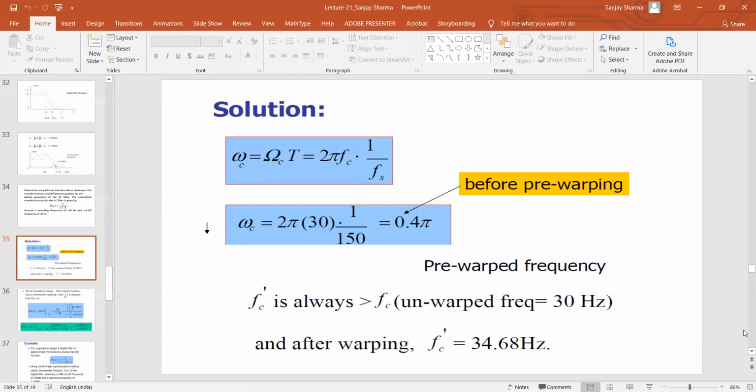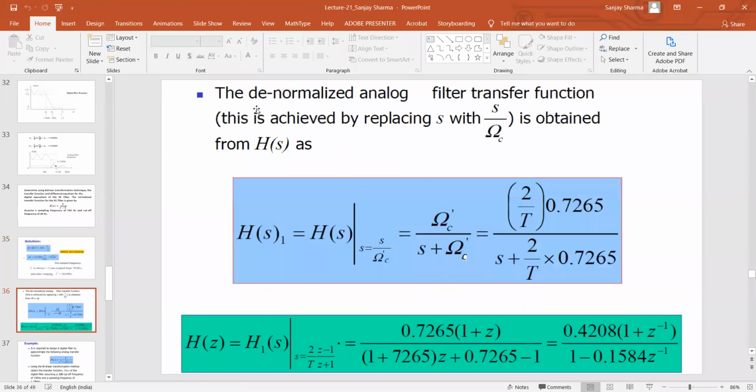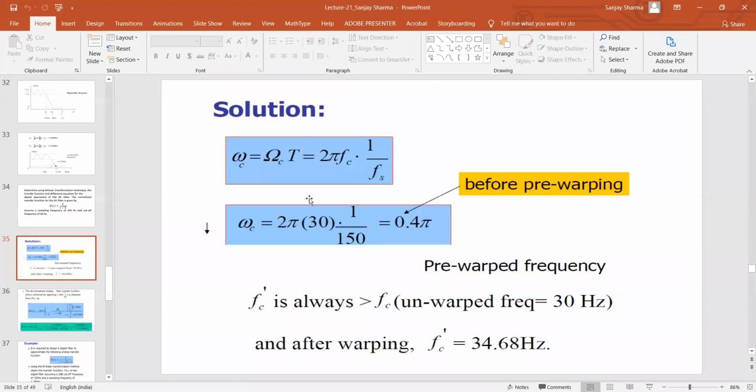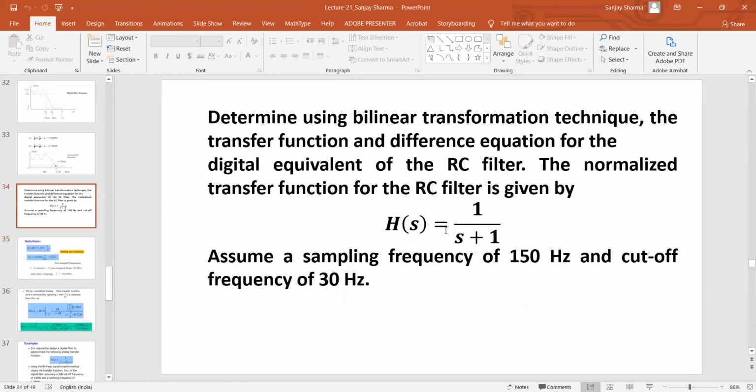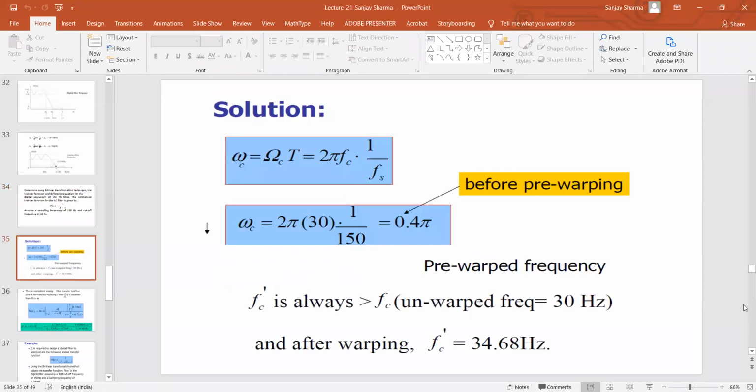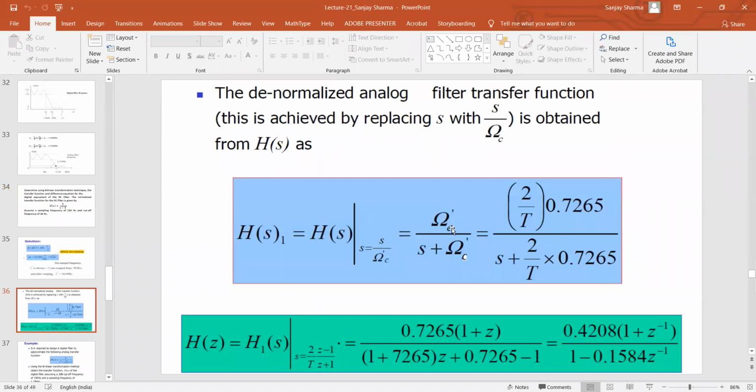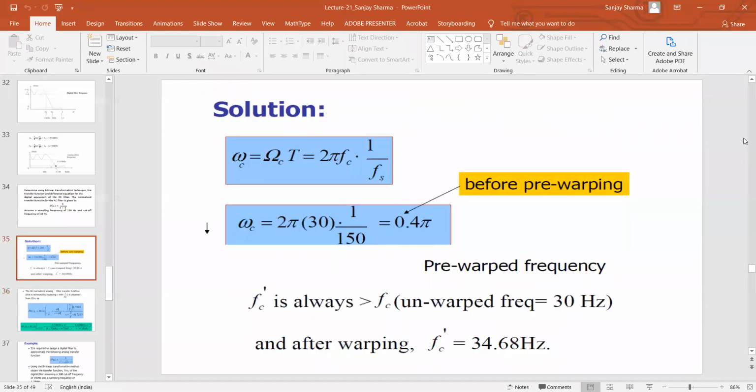Now I will use this capital omega c. If you see, this transfer function is a normalized transfer function because of the 1 here. I need to first of all denormalize it. How to denormalize it? I must replace s with s by capital omega c. Which capital omega c must I use? I must use capital omega c dash, which I have obtained from this formula.